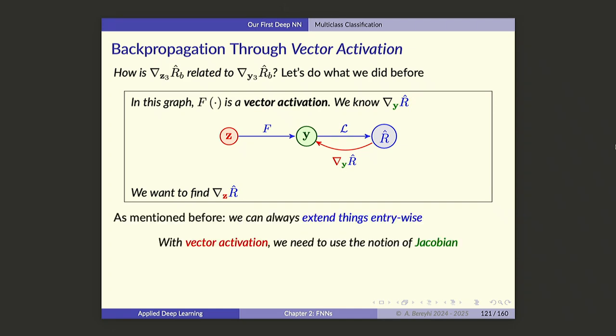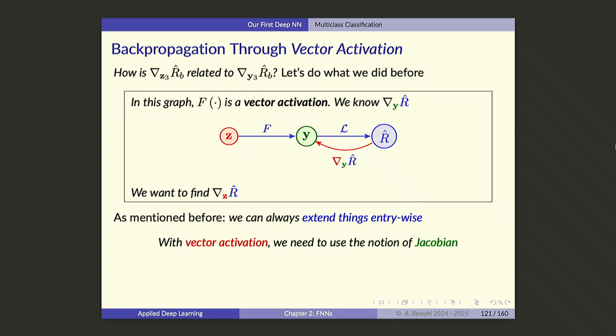If we want to do that, we basically need to define the notion of Jacobian, and the notion of Jacobian is exactly defined in this form. If I consider this y and I want to compute the derivative of y1, what kind of derivative do I have? Do I have a simple scalar derivative, or do I have a gradient? I'm going to have a gradient, right?